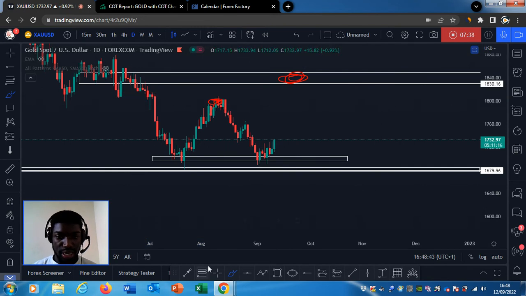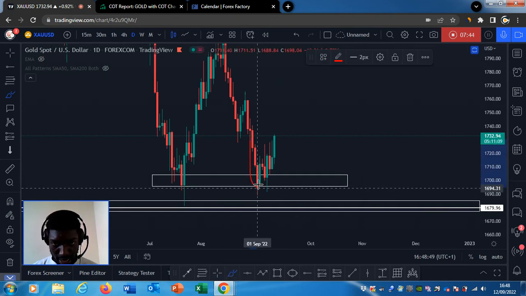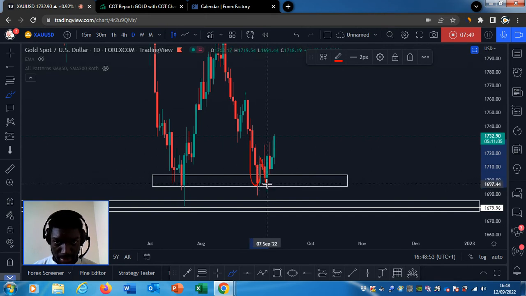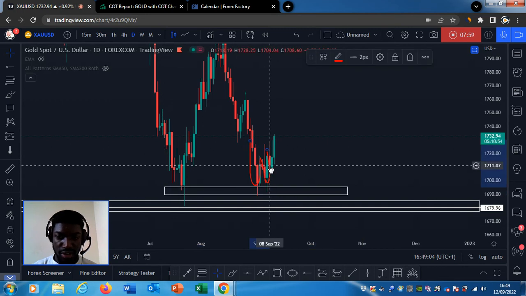Now looking at the current structure, we can see that price has formed what we call a double bottom. Price came to touch the support, failed, a second time failed, confirming a double bottom on the lows of this trend here, which is very important.